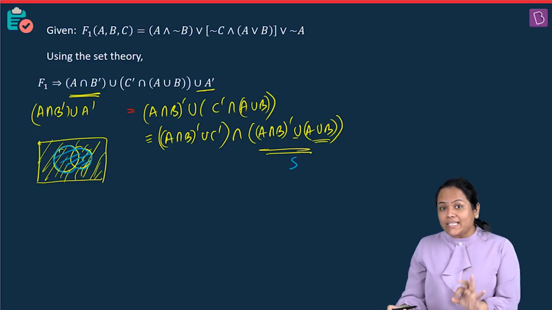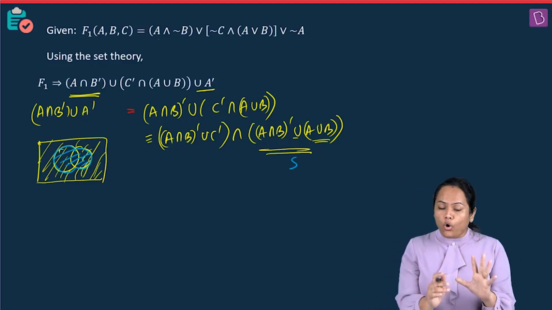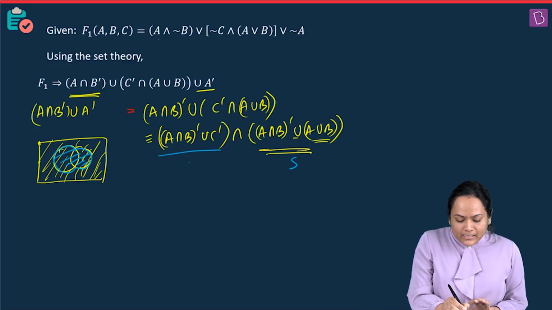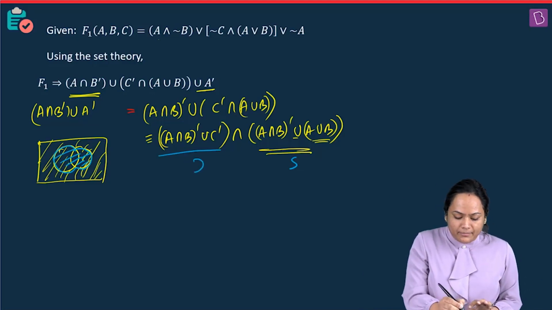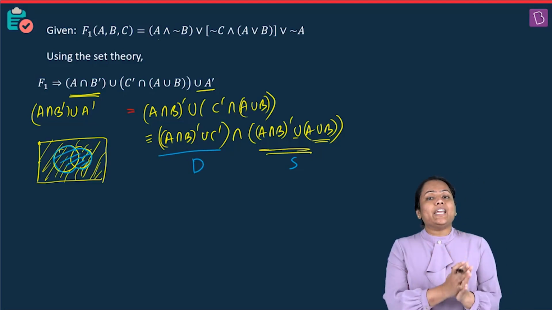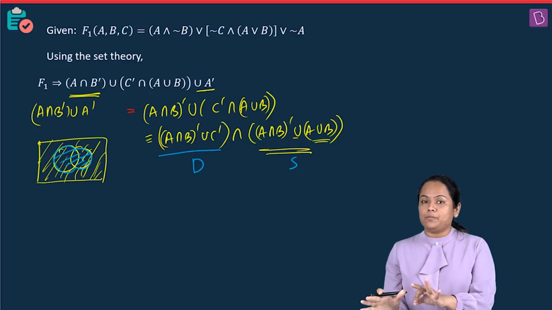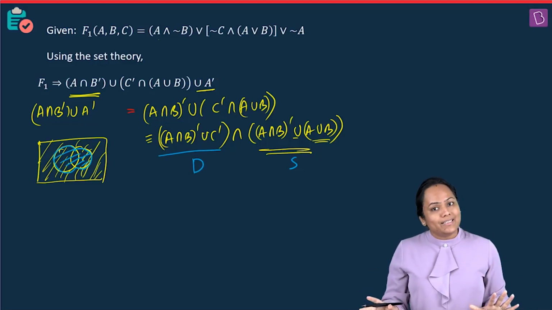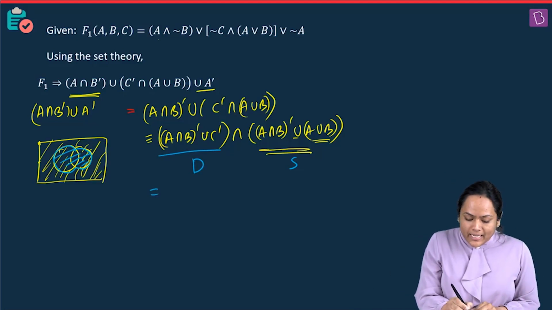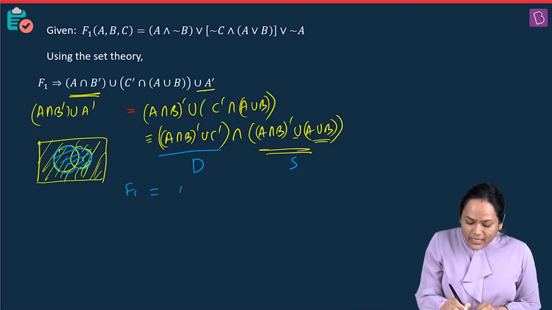So this is going to give me the entire sample space. That means if I take my intersection of, let's say this is D, for some time I'm taking this as D. If I take my intersection of D with the sample space, I'm going to get D only. That means my F1 finally will come out as A intersection B whole complement union C complement.